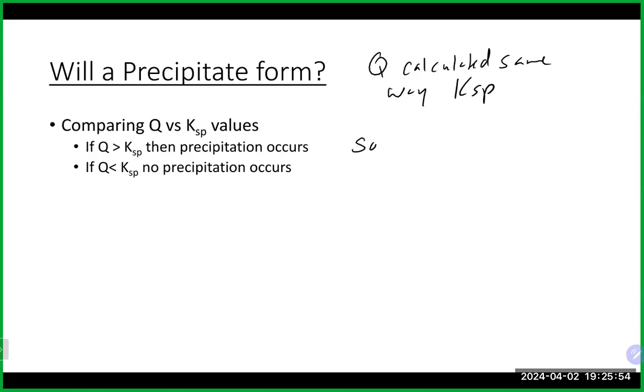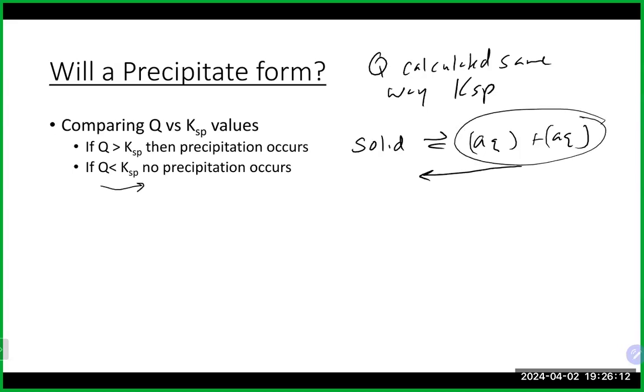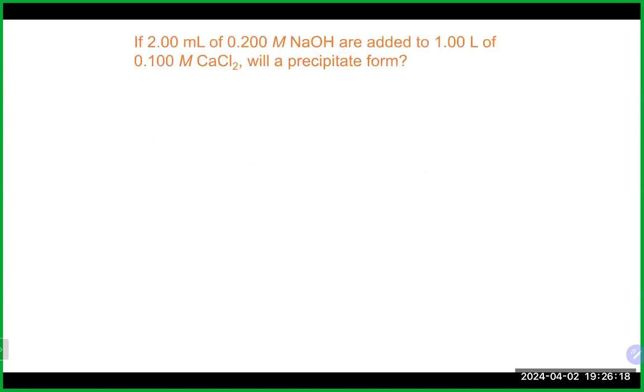So again, if you think about the equation solid to aqueous ions, again, opposite of where that is pointing, when Q is on the left, it means you're going to go to the left there and you should expect a solid. If Q is less than K, that's going to go opposite of that, and you would expect no precipitate to form as it goes to the right. So let's try one here and see.